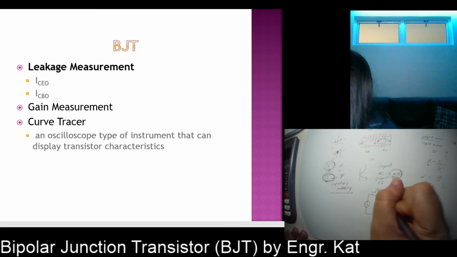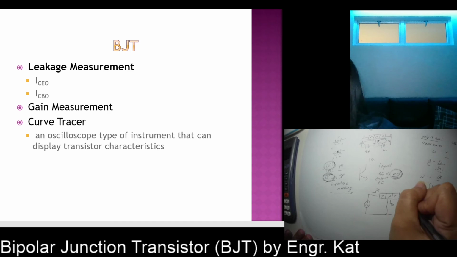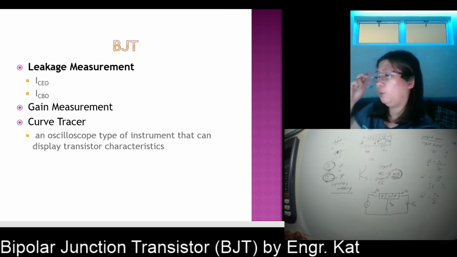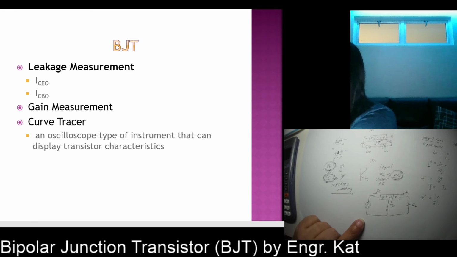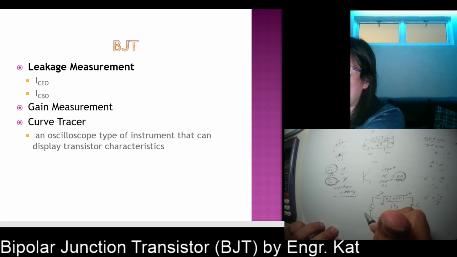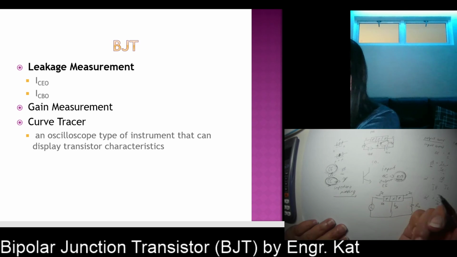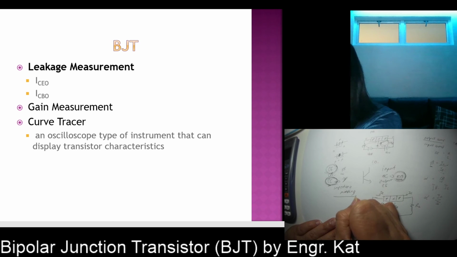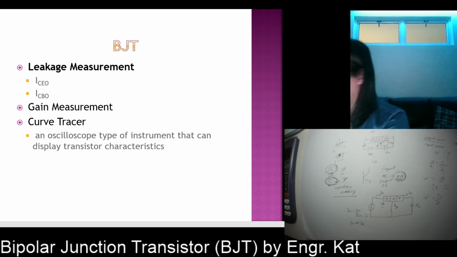So you have here your IE, you have here your base, and you have here your IC. If this is forward bias, that means the resistance for a forward bias is very, very low. So if we are going to compute for your input current here, which is your IE, that is your Vin over your Rin. But since during forward bias your Rin is usually low, we have here an input current which is of a higher value, which is approximately equal to your IE.